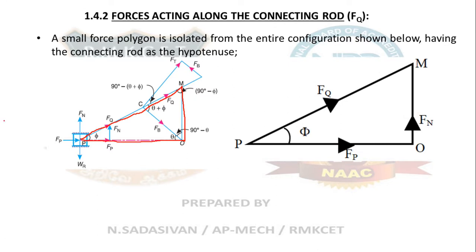The P is here, similarly this M is here, similarly this O is here. The included angle is the connecting rod inclination angle phi. Phi is here. So let us understand where this triangle came from.